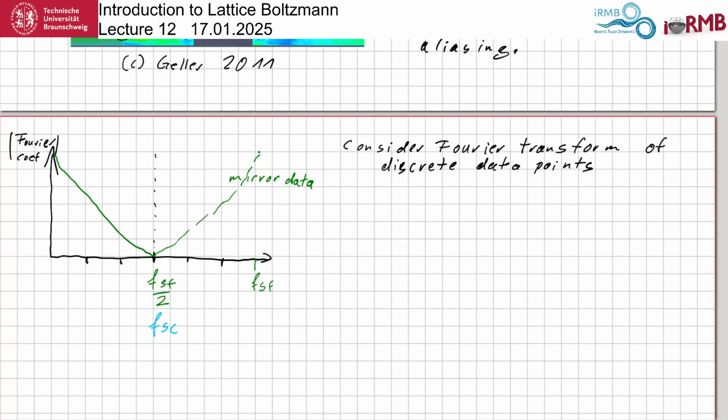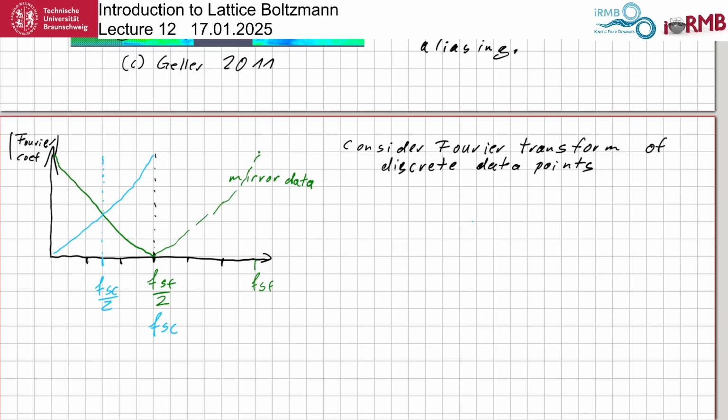So on the coarse grid we have the same thing, we have FS coarse half here. Now we have a problem because this spectrum is mirrored around this line. This means that we'll have this thing here.